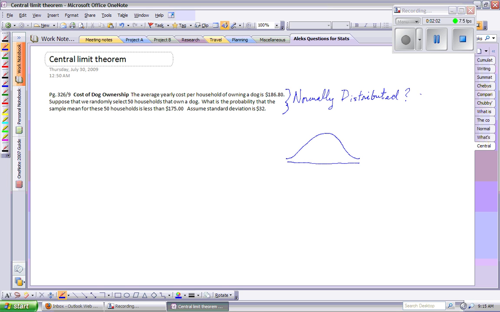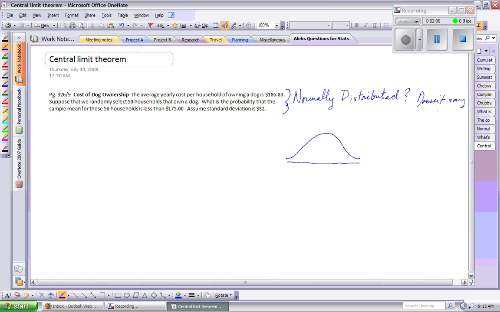The number of trials you have to look for is a minimum of 30 trials. Even if it's not normally distributed, after 30 trials, the means from each one of the trials will be normally distributed. So that's what we're going to work off.